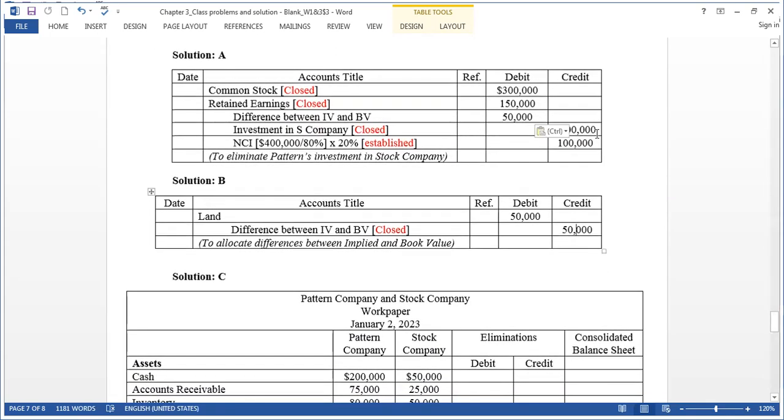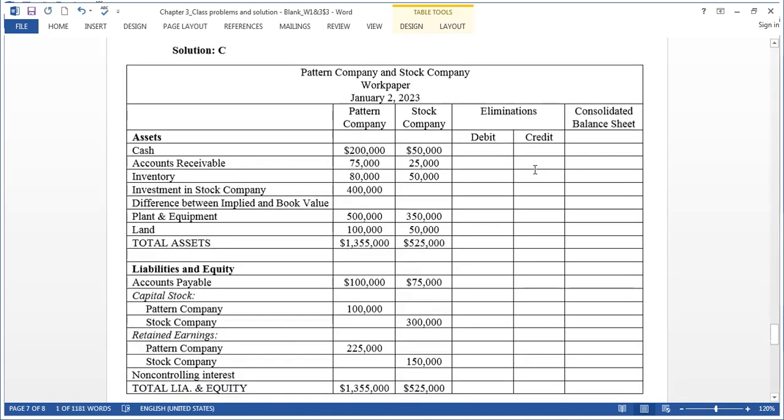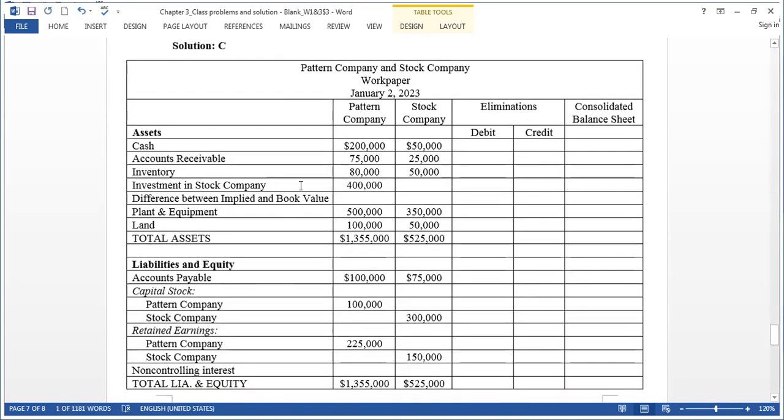Like here, investment in subsidiary is on the credit side. We put it in the credit side, right?